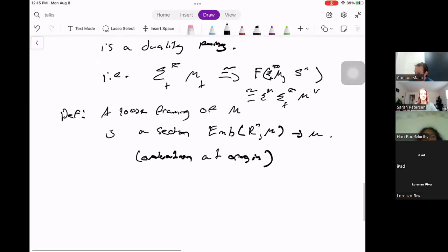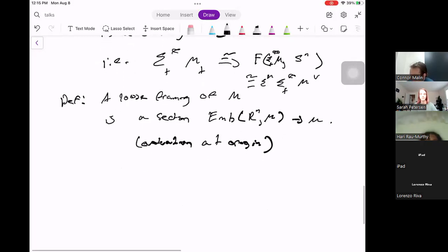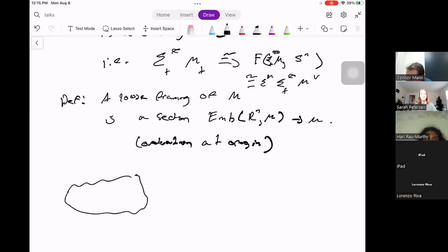Okay. So in other words, if I have a picture of this, it means that if I take any point in here, there's a corresponding copy of Rn embedded in it. Okay. And so I can make this choice globally.